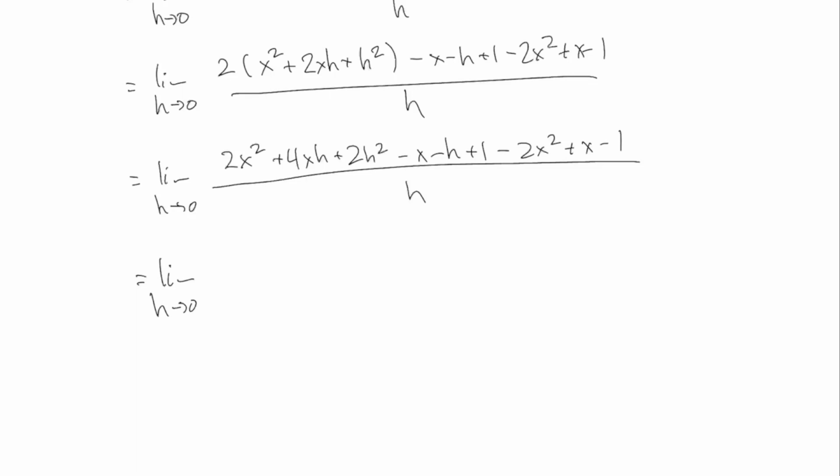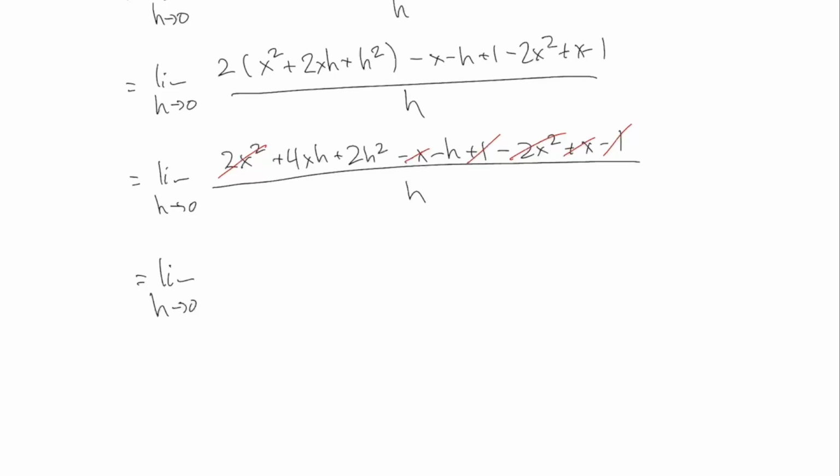Yeah, I have a 2x squared and a minus 2x squared, so those will cancel. What else? I see more. Yeah? There's a plus 1 and a minus 1. And I see one more thing that cancels entirely. Yes? Minus x and plus x. Yeah, great.